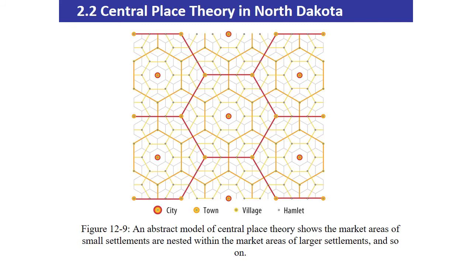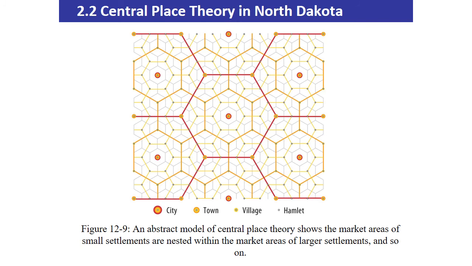So take a minute to examine what you're looking at here. You have this central place of a large city with a hexagon drawn around it, showing the kind of range and threshold for the large-scale services that you might find in that city. The stadium, the museum, the research center, the things like we mentioned, right? The diamond jeweler.